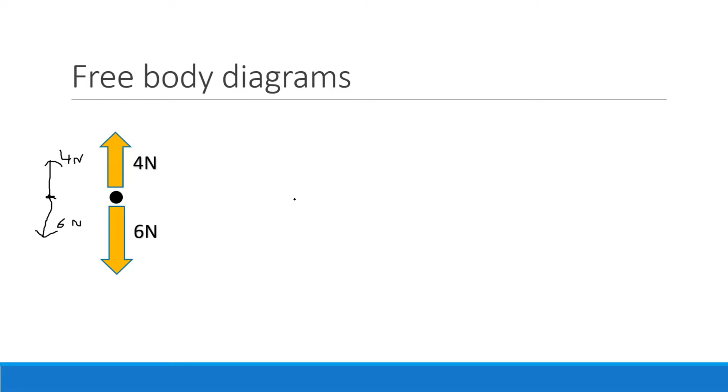Can someone tell me what's the net force on this yellow arrows here? What's the net force? What's the net force on this one here? Remember, force is a vector quantity.